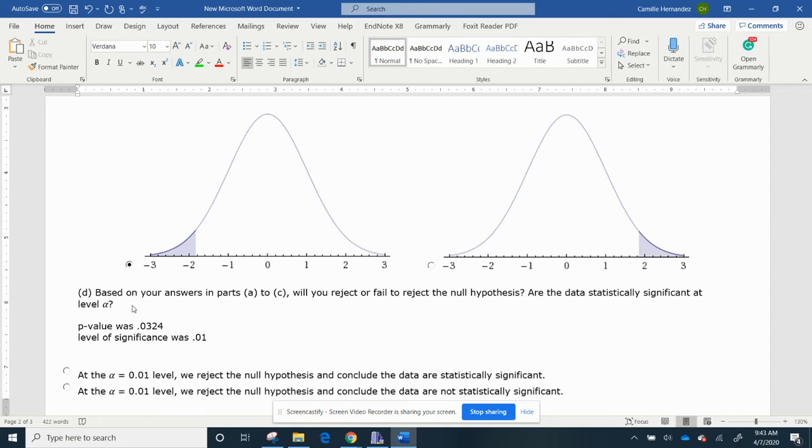All right, so let's compare them. So P is 0.0324, and my level of significance is that. So I'm going to add more zeros. Oh, look, this one is greater than it. Because my p-value was larger than my level of significance, I failed to reject my null. Cool? All right, so what does that mean?